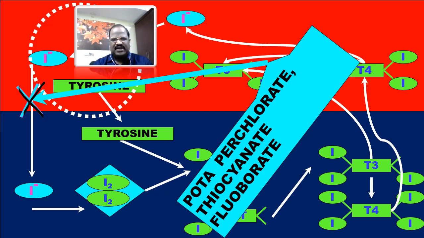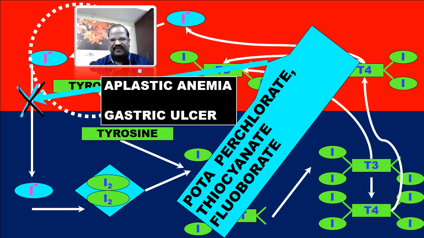But these drugs are not used routinely in practice because all are dangerous. For example, potassium perchlorate causes the side effect of severe aplastic anemia and also severe gastric ulcer. Thiocyanate may cause the side effect of psychosis. So all these drugs cause more side effects, so they are not routinely used.